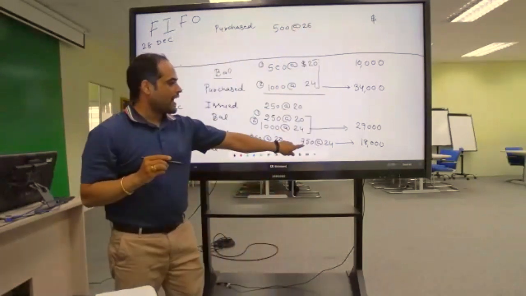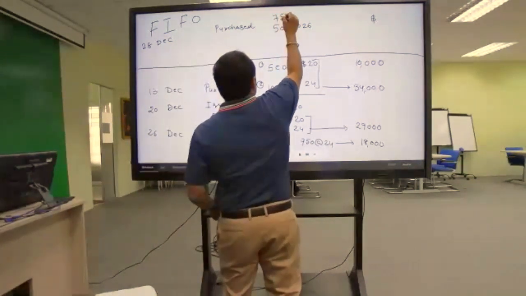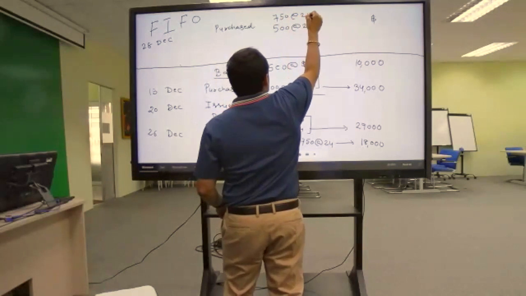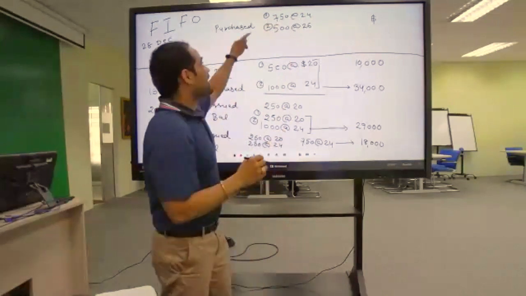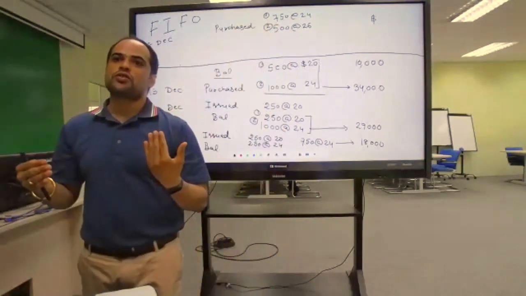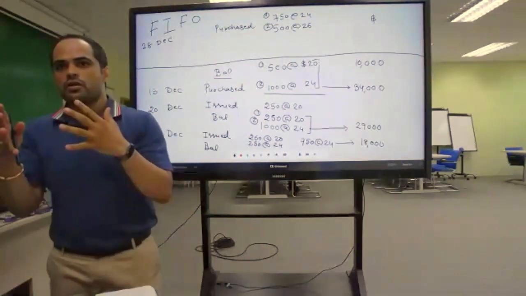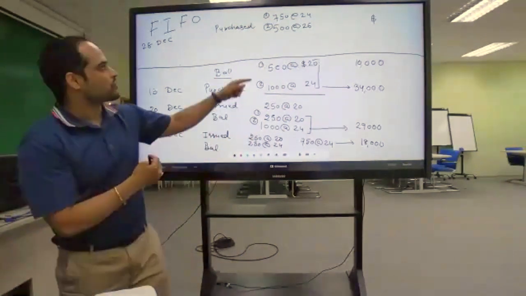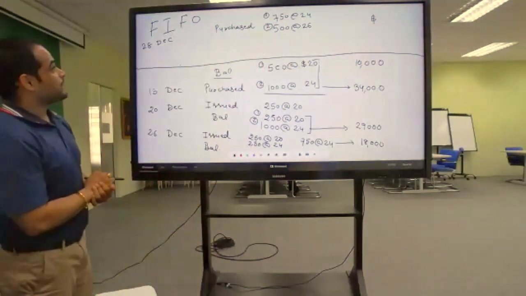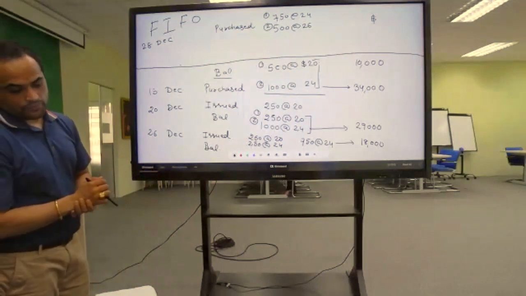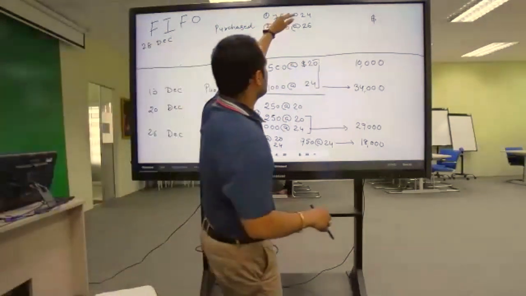And we already have 750 at 24. I'll write down here 1 and here 2. I'm writing 1 and 2 to make it easy to find out which to use first when material is issued. So this is the balance on 28. You can multiply by yourself.